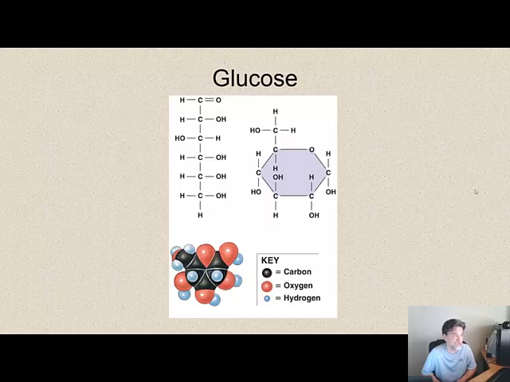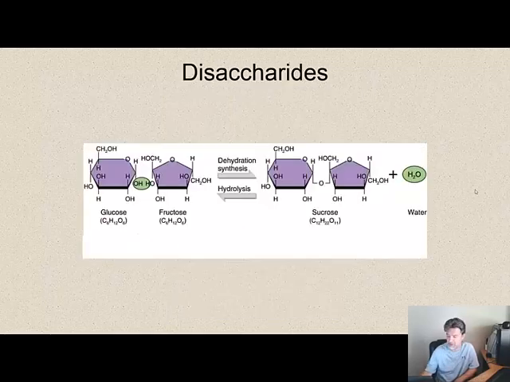You also see the ball formula, the model formula, if you will, showing you the arrangement of carbons, oxygens, and hydrogens in glucose. Glucose is the singular most important metabolic compound we will ever talk about in anatomy and physiology. So those are the monosaccharides.